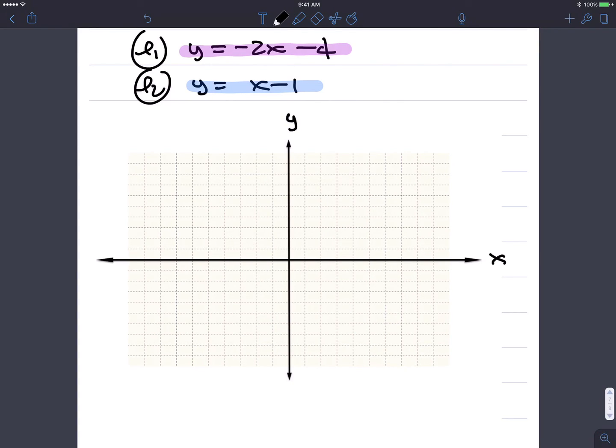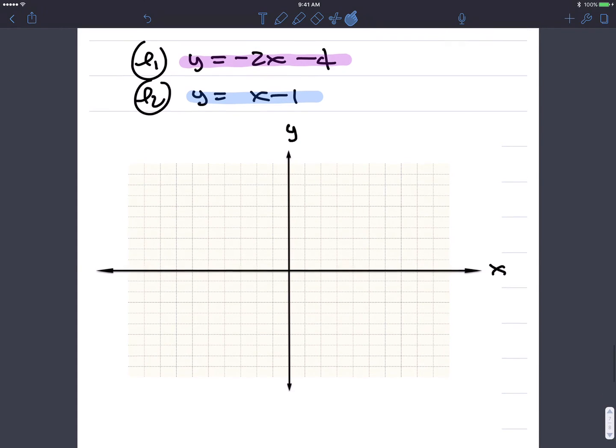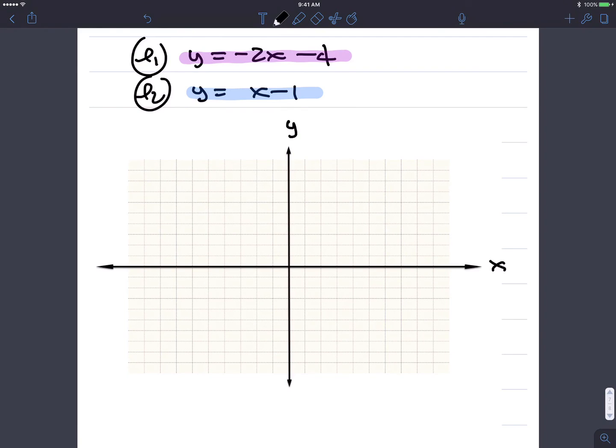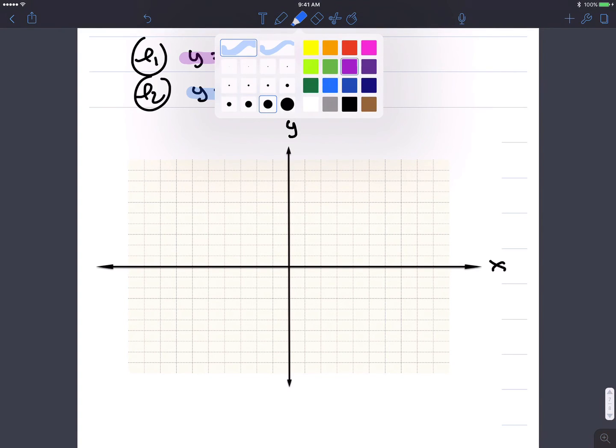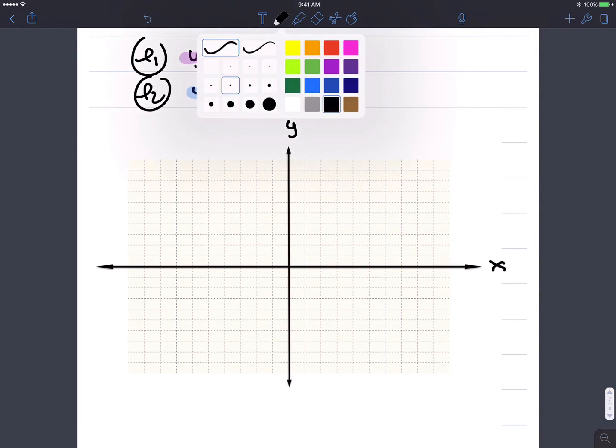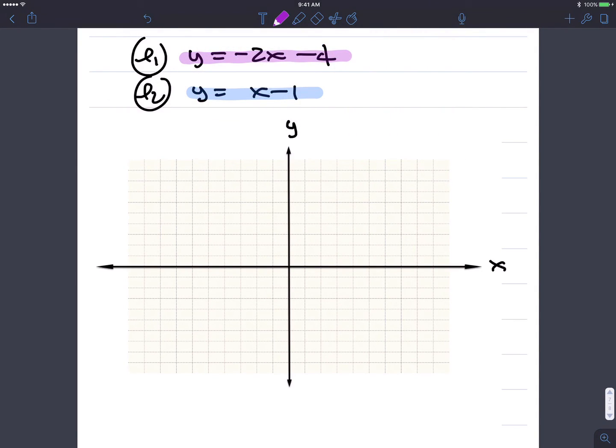X-axis, y-axis. Here we go. We're going to start at -4 on the y-axis for the first line. So we go down 1, 2, 3, and 4. So that's the location of my y-intercept.